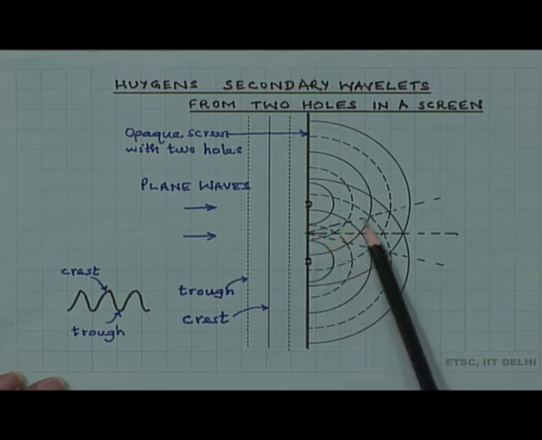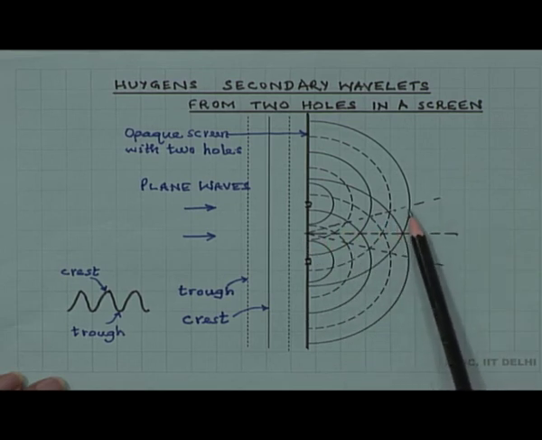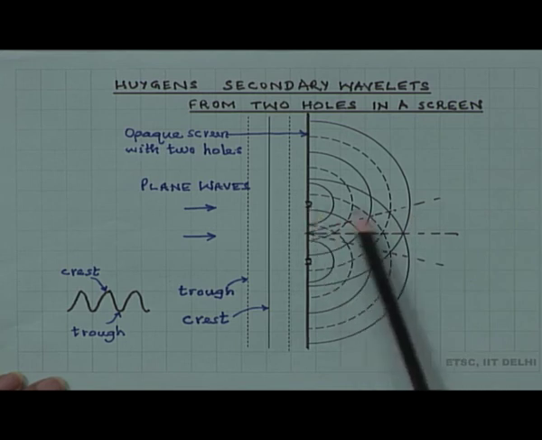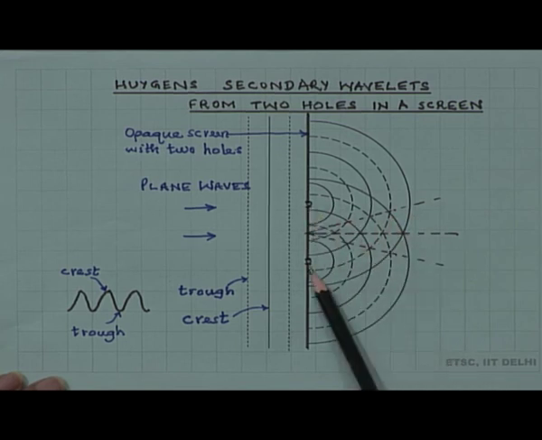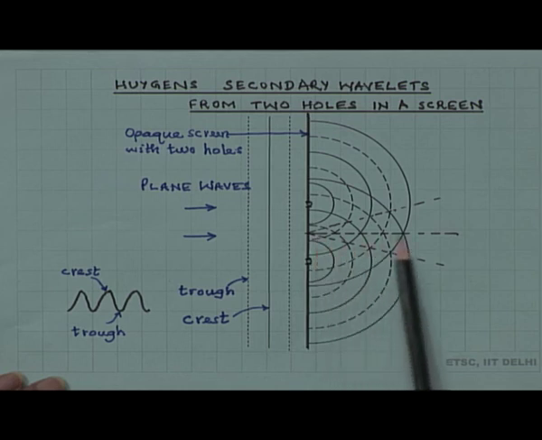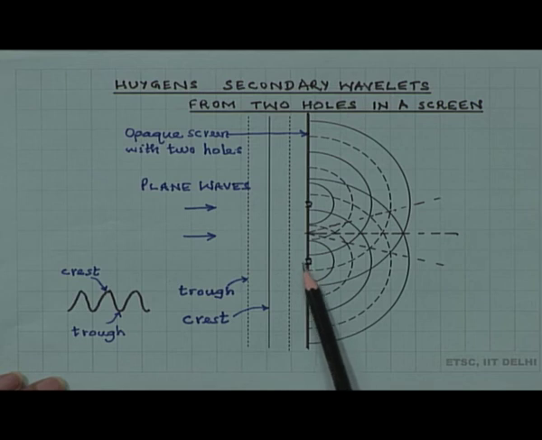So, there are directions where the crest due to one overlaps with the trough due to the other, and there are directions along which the crest due to one point corresponds to a crest due to the other point.